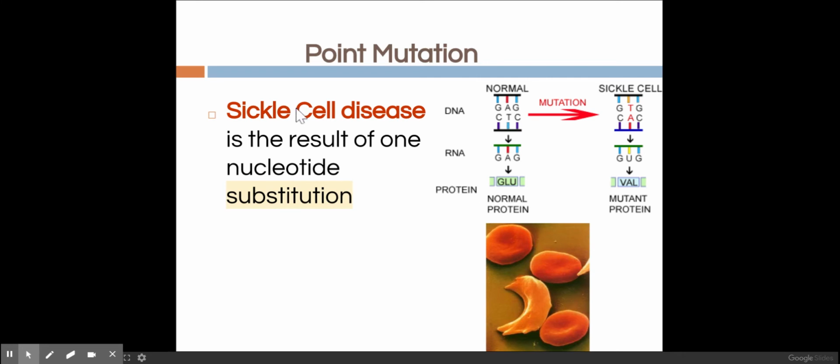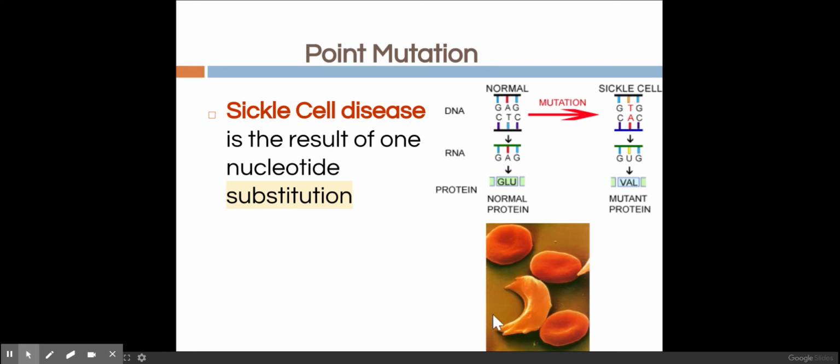So here's an example called sickle cell disease. In sickle cell disease, you have an A changing to a T. And so what happens is you end up coding for a valine instead of a glutamine. And this is really important because it's in the hemoglobin gene. So red blood cells, instead of having this nice circular shape, have this sickled or crescent shape.